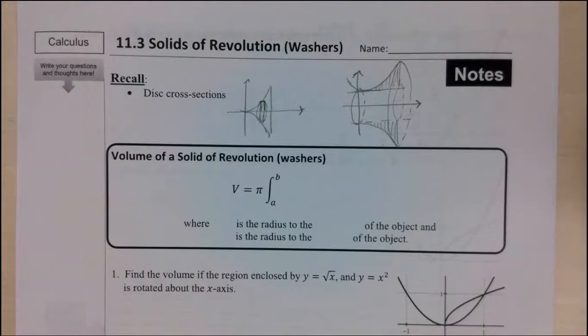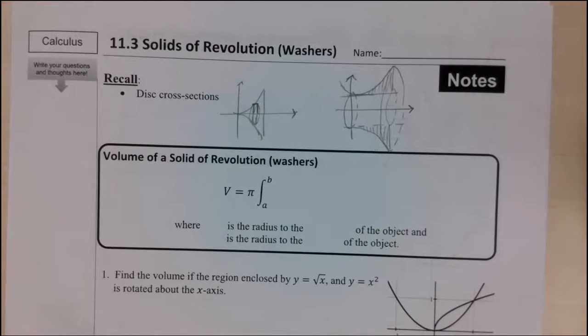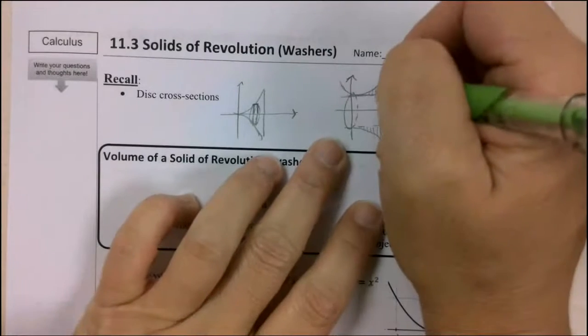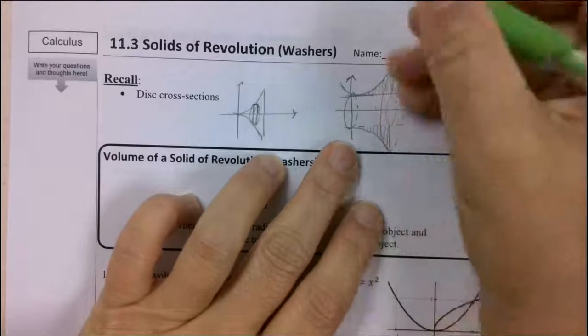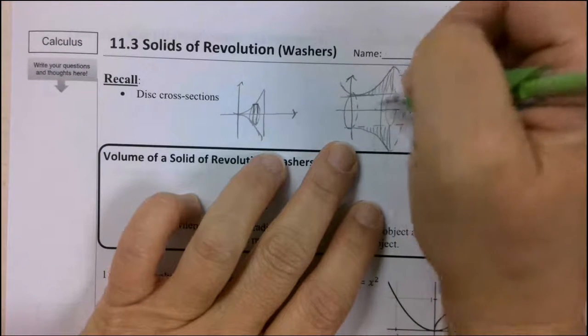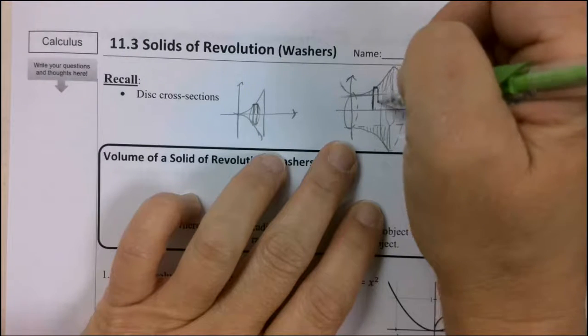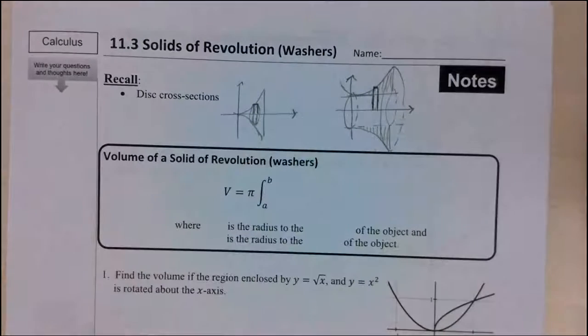Hopefully you can kind of visualize that. Again, drawing these diagrams is not my greatest strength as a calculus teacher. We're still going to use the rectangles to help us determine our formula here. If I draw a rectangle, I'm going to start at the axis of rotation. Here we're rotating around the x-axis. I'm going to start at the axis of rotation and go to the farthest edge of the region and draw in that rectangle.